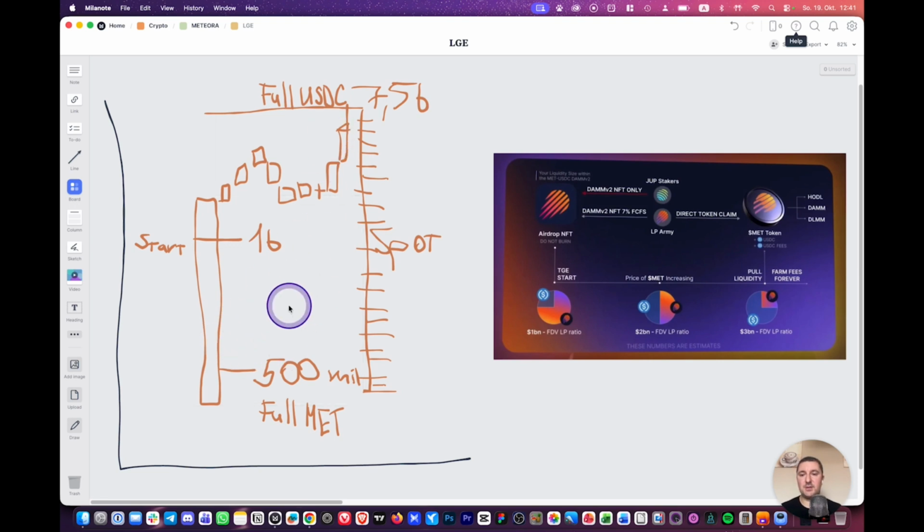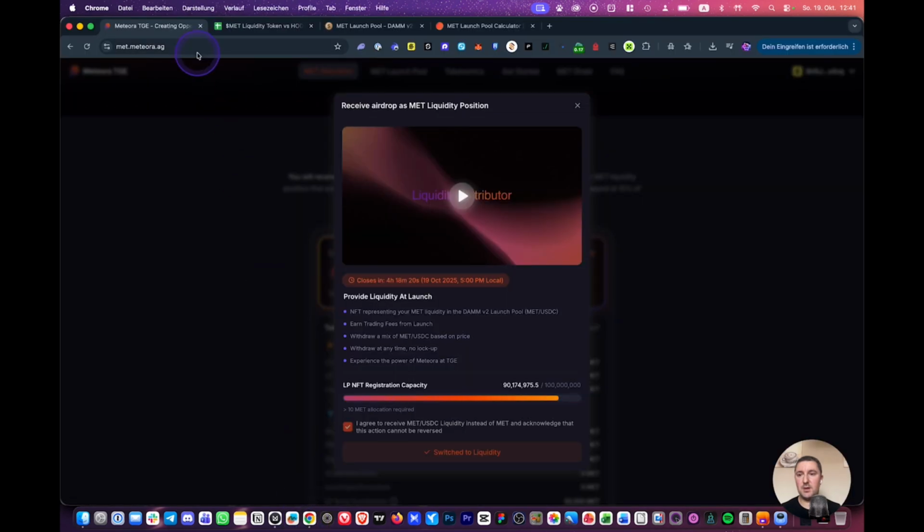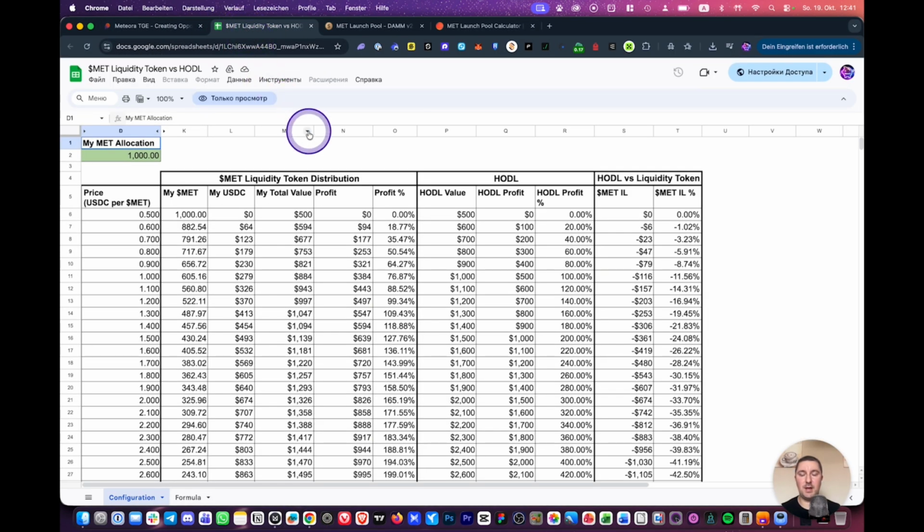And yeah, this is actually a good range, and most people say I am against the NFT because when the price goes up, the spot value will be much more than if I would leave it in the DLMM pool. And for some reason, at some point you are right.